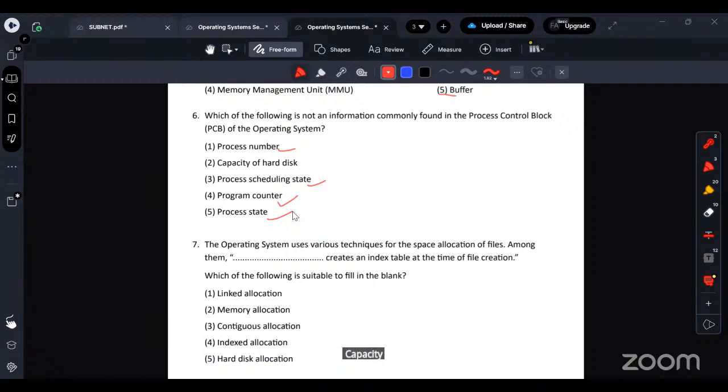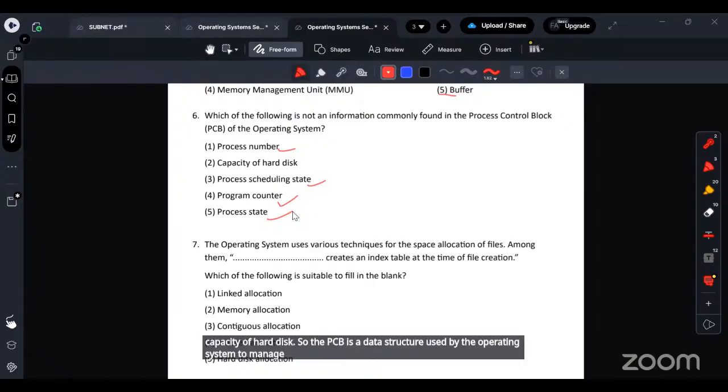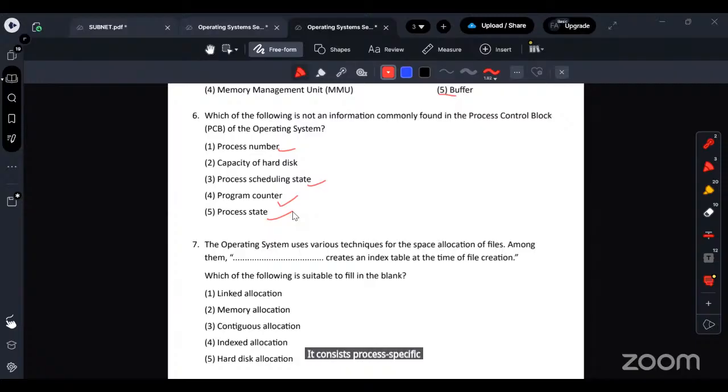Capacity of hard disk. So the PCB is a data structure used by the operating system to manage a specific process. It consists of process-specific data such as process state and process scheduling state, such as if it is in ready state, waiting state, or running state.